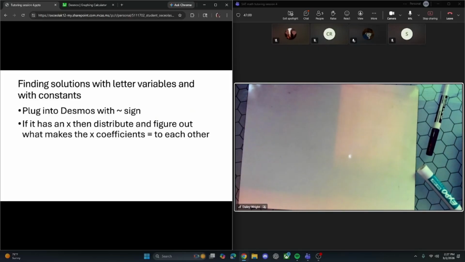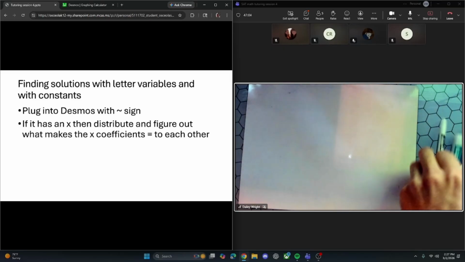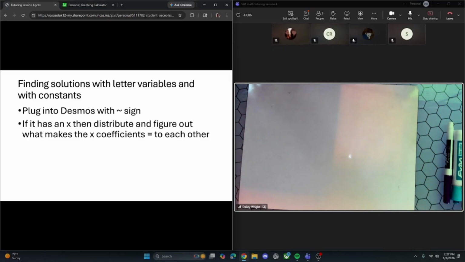Okay, so this is kind of 2 different things, but they're similar enough and they go on the same kind of topic wavelength that I put it into one. Finding solutions with letter variables and with constants.